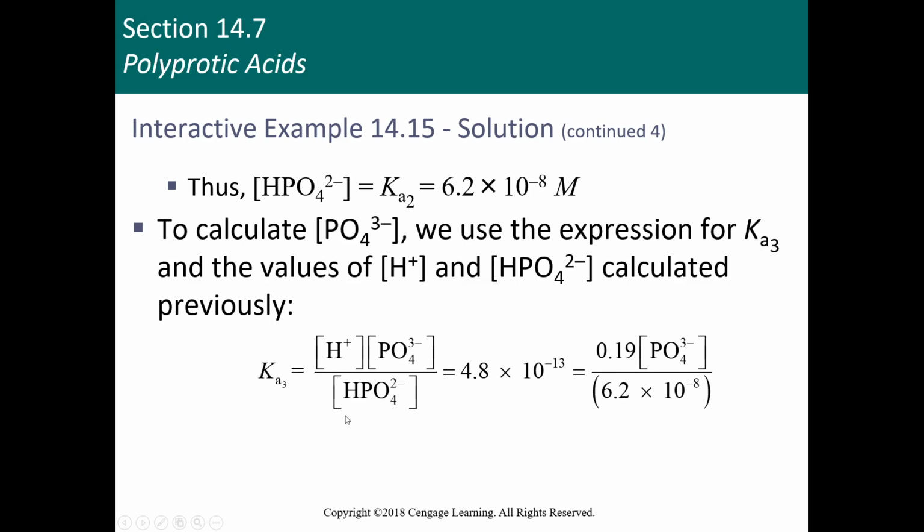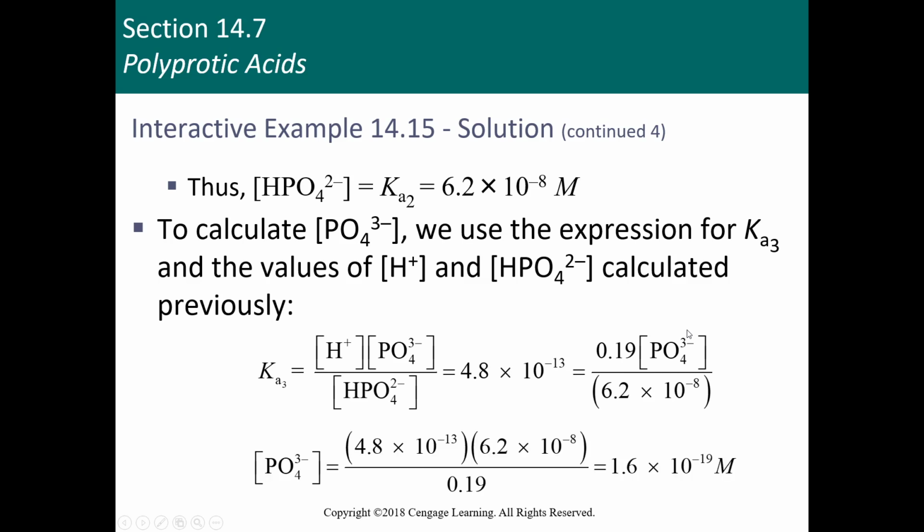So we're going to go ahead and plug these values in. Our H plus is 0.19, just like before. And this HPO4 2 minus is this value right here, which is the 6.2 times 10 to the negative 8. Remember, this again comes from our previous problem, our table. And so we go ahead and solve for this value right here, which is the PO4 3 minus concentration. And we get this value right here, which is 1.9 times 10 to the negative 19 molarity.